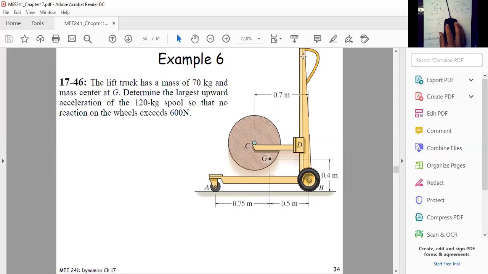Again, what we do is a free body diagram. I'm going to redraw it right now. So we have one wheel here, and then we have another wheel there.